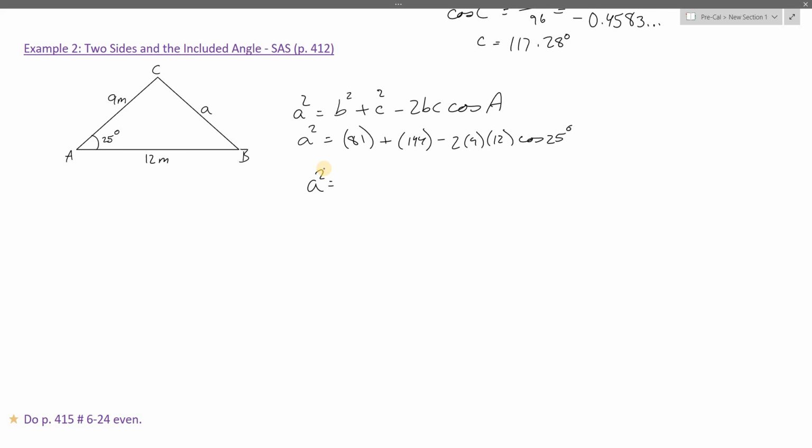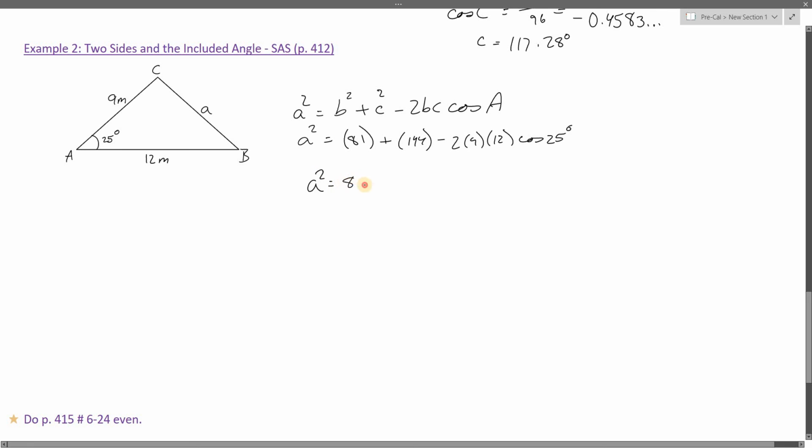So what I have here is 81 plus 144. Now if you've got one of those longer entry calculators, you can do this all in one step. Minus 195.76482. The calculator I have right now is reverse entry, and that makes it frustrating.